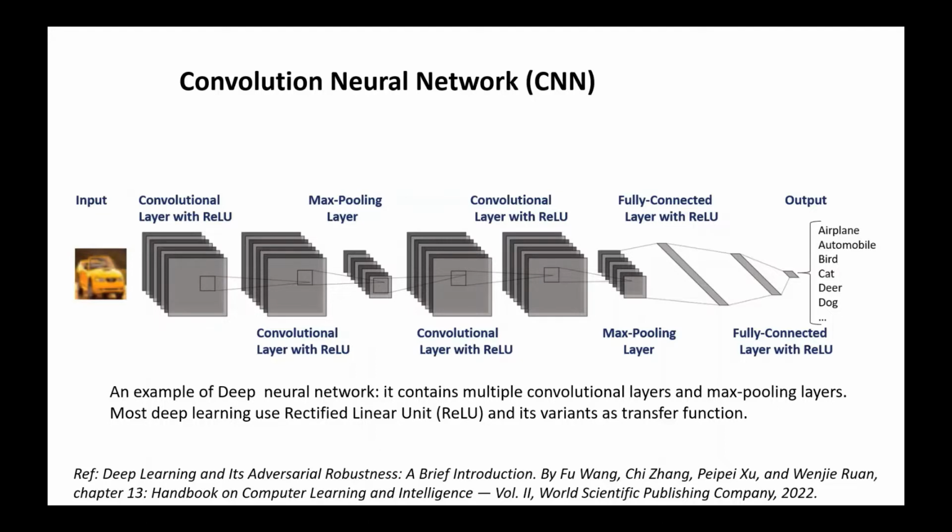There is intermediate processing, where the max pooling layer does the information truncation, followed by another set of convolution layers. And again, how many of those depends on the application, and there is a fully connected neural network that gives the end decision. So if you put in a car, it should give you a car, and if they are trained with different kinds of inputs, it should be able to respond as expected.